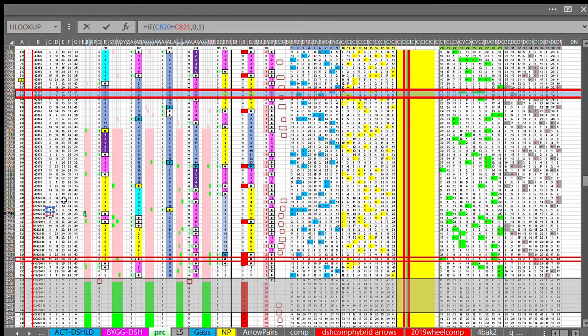You're looking at the 1 in the blue box: if C820 is equal to C821, then 0, then 1, and then I format it and mark it, and now I get the picture. So this is the first position. Over here, this formula is the second position. That's how this works.